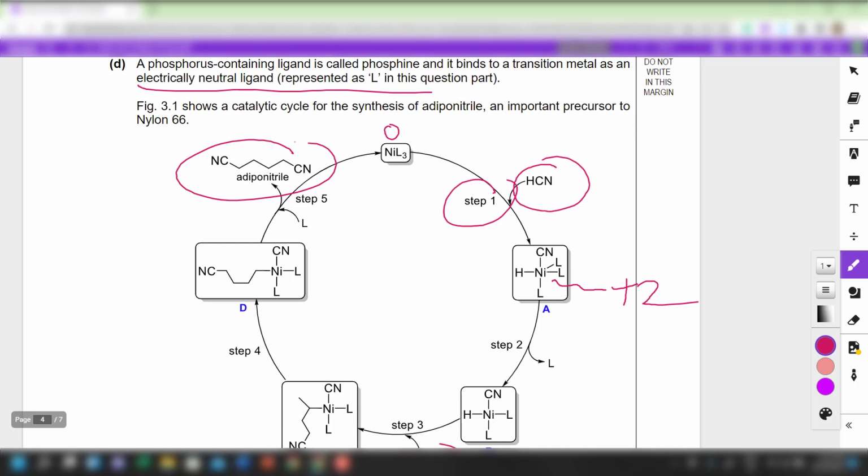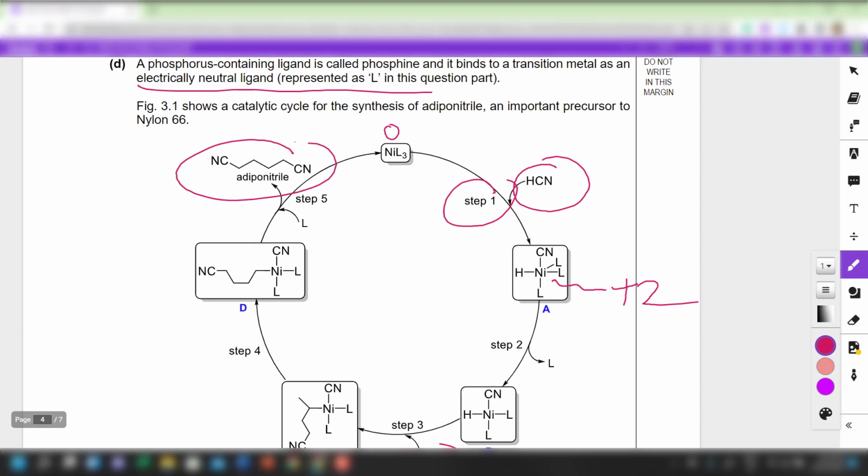There's no charge, because L is a neutral ligand. And then in step 1, the nickel center becomes +2. So it's an oxidation because the nickel is being oxidized from 0 to +2. As simple as that. So all you need to tell me is that it is an oxidation because nickel is being oxidized from 0 to +2.